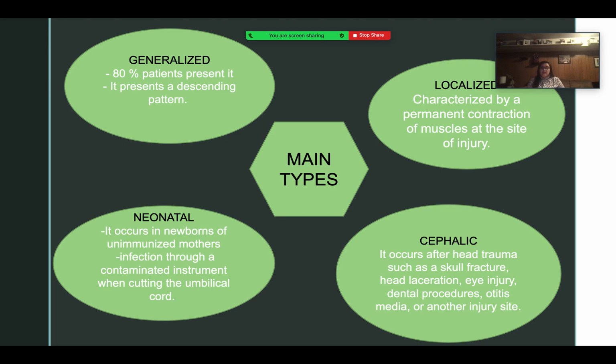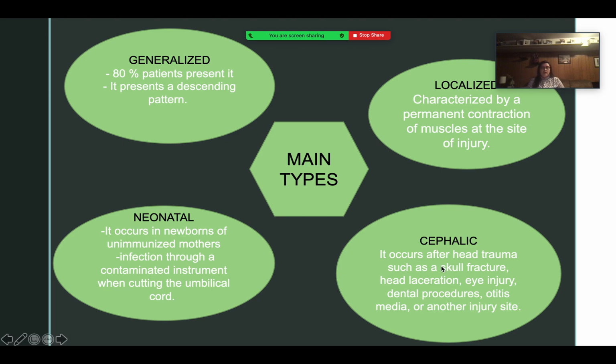The clinical characteristics of neonatal tetanus are irritability, poor feeding, facial grimacing, rigidity, and severe spastic contractions triggered by touch. Also, the long-term consequences of neonatal tetanus are behavioral problems and deficits in gross motor, speech and language development.